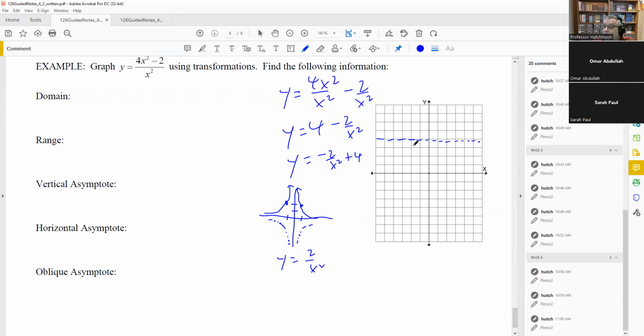Normally the graph would go through the point 2 above the horizontal asymptote, but now it's going to go 2 below the horizontal asymptote because we're flipping it. These points also flip over like that. You can think of that dotted line as our new x-axis in a way. So the graph flips over, and now it's going to go like this and like this.